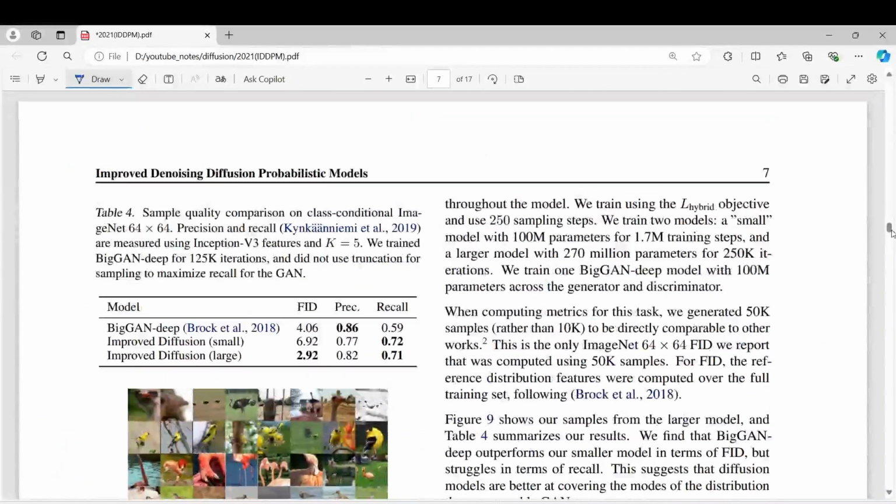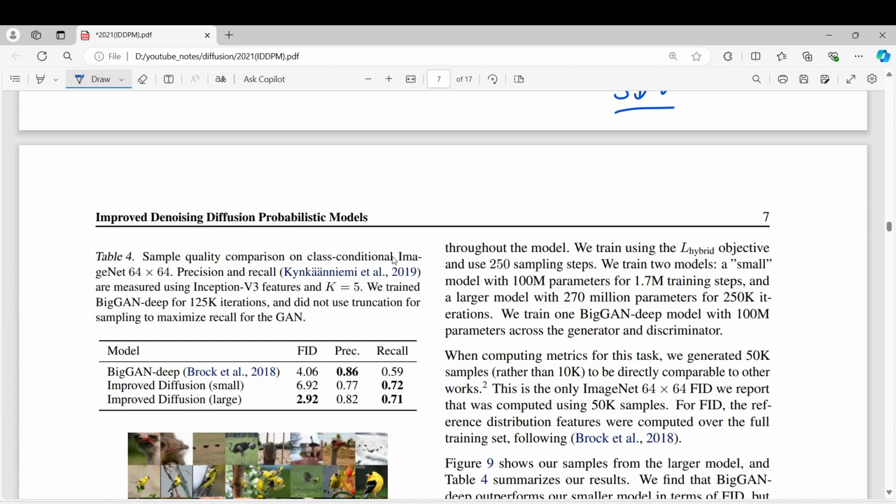So throughout the model, they inject the time step and the class information throughout these residual blocks. We train using the L hybrid objective and use 250 sampling steps.